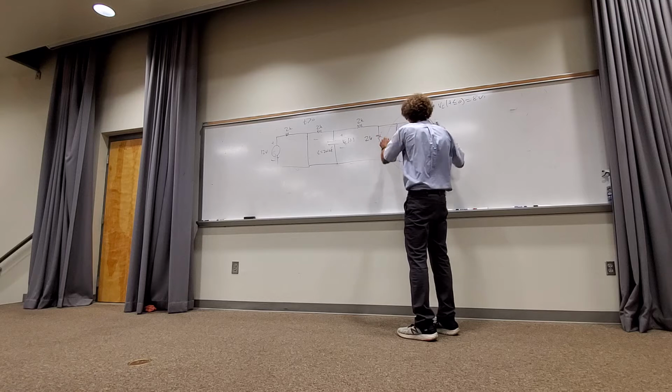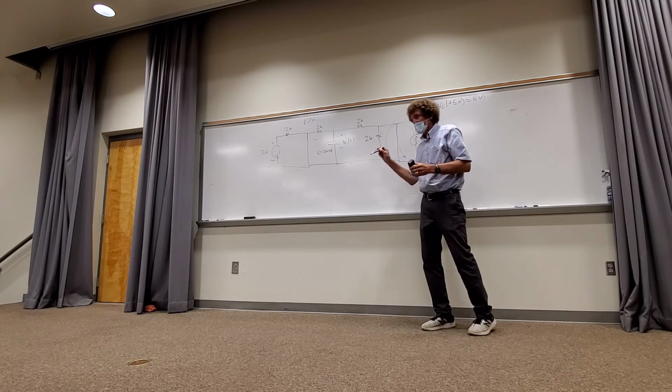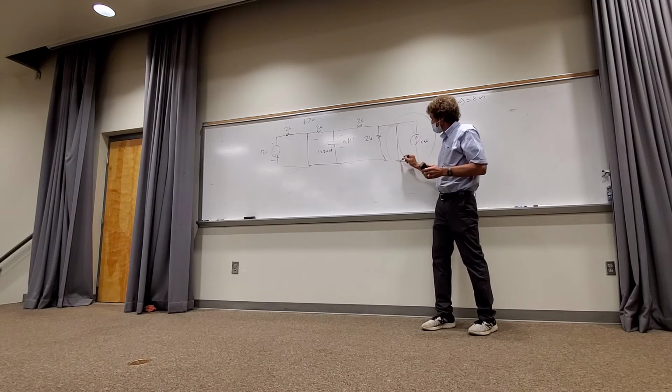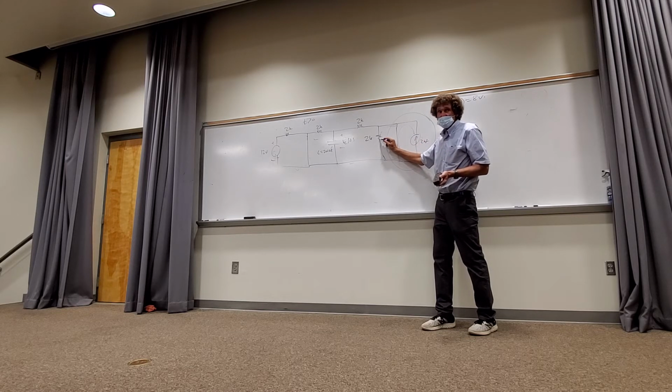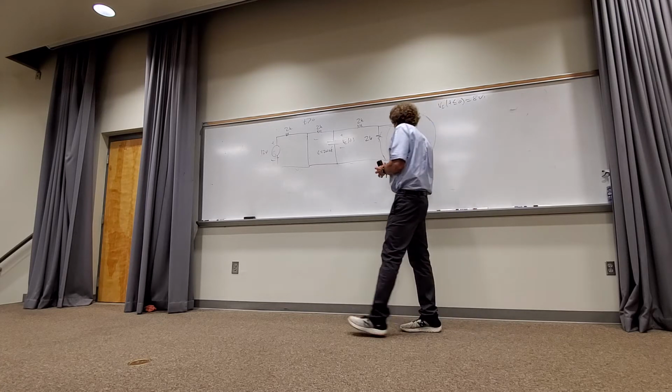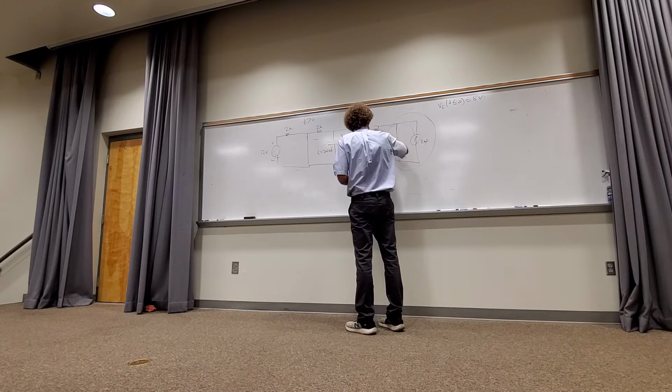That resistor no longer has any effect. If I take this point and short it to ground, then you simply circumvent that resistor. And think about it, 0 ohms in parallel with anything is still 0 ohms, isn't it, class? With me? So effectively, this is gone. You can just say that's 0.